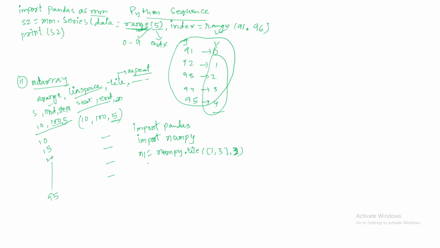Okay, now afterwards I will convert this numpy value, I will take it as a series. So s3 equal to pandas dot series n1, print s3.